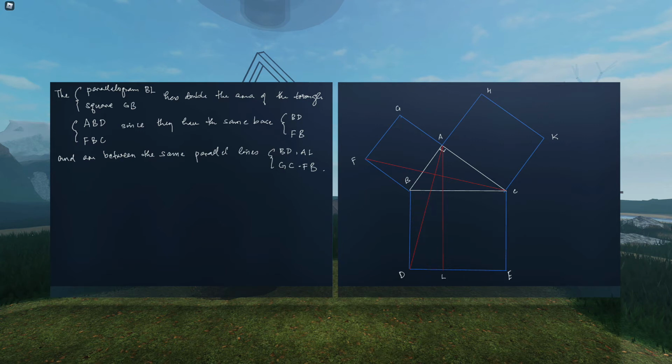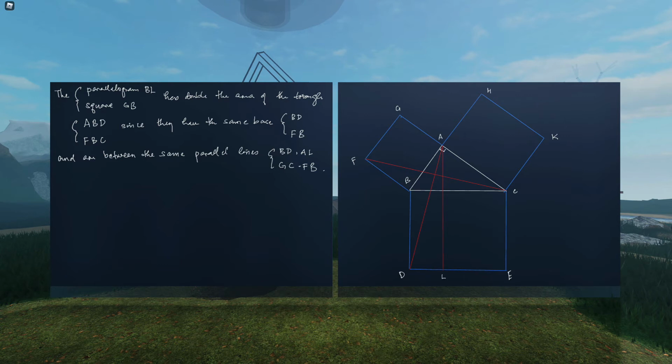Remember what we were trying to do was to show that the sum of the areas of this guy and this guy is the same as the area of this guy. And we've actually cut this square in a way like this, such that this area maps to here and this area maps to here. So it's pretty cool. Okay, so going back to the board, that's the first part of the argument.